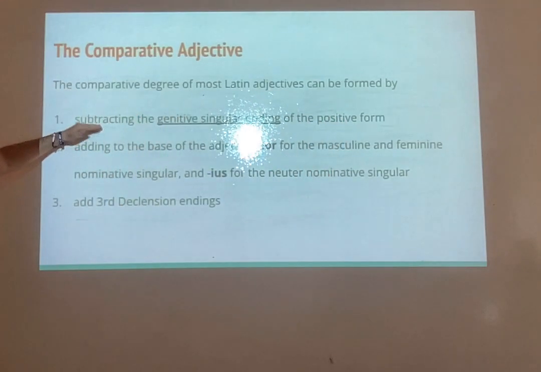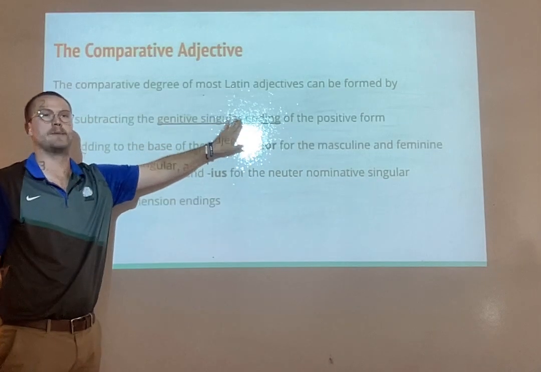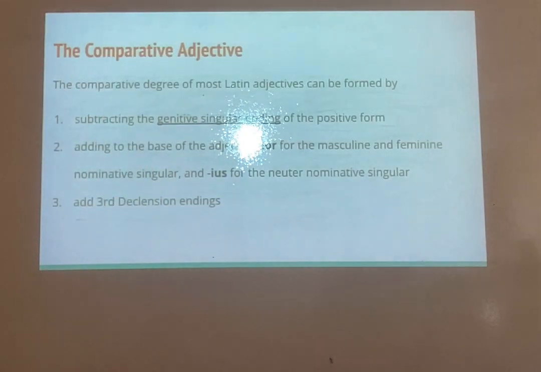You're going to first form a comparative adjective by knocking off the genitive singular ending from the positive form. Whatever the genitive singular ending is. An adjective could be like armatus, armata, armatum, meaning armed. You would just find out, okay, what would my genitive singular ending be for this one?